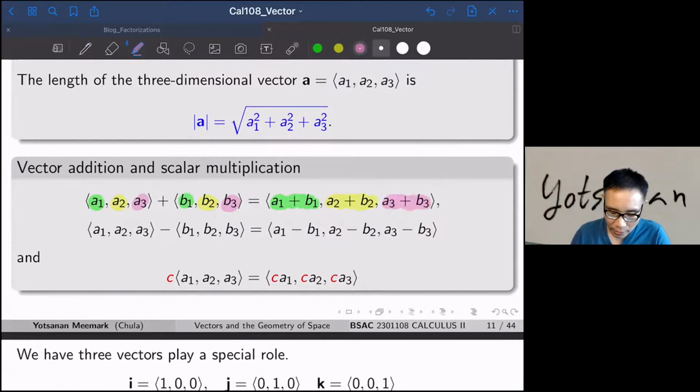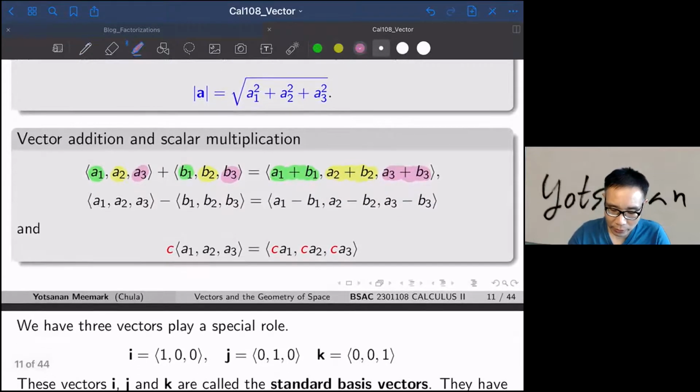Another one is if you'd like to multiply the vector by the scalar c. You just multiply c to each component. So you get the green, the yellow, and the pink one. The c here is called a scalar, which is basically just a real number.